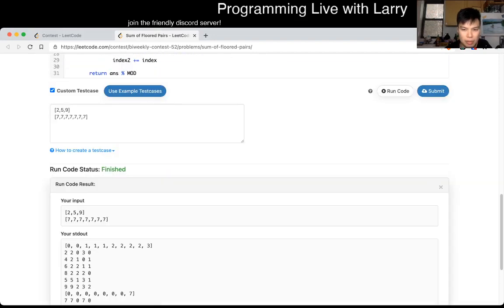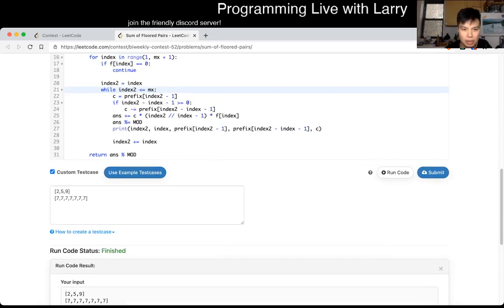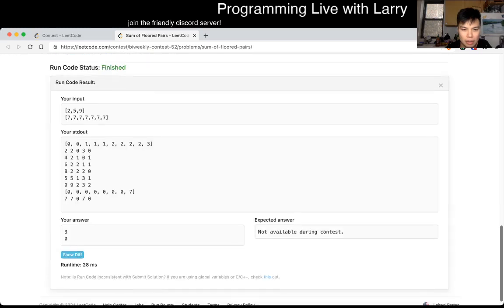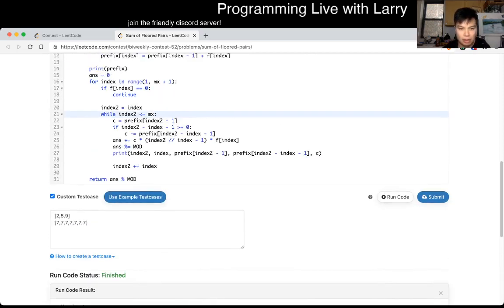So everything from 1 to 7. So this is. I don't know what I'm doing anymore.